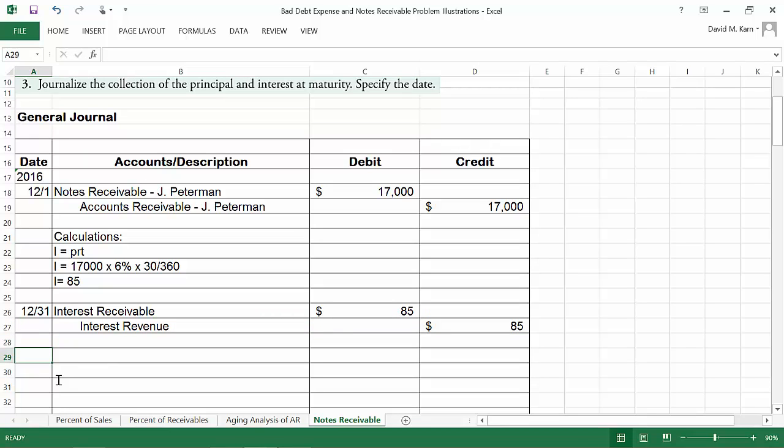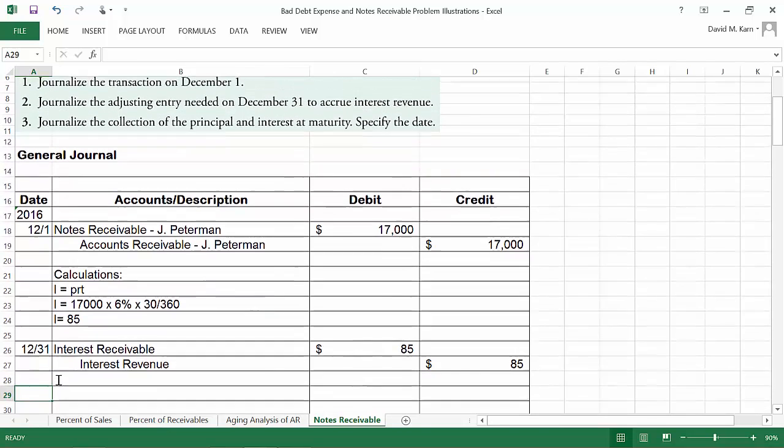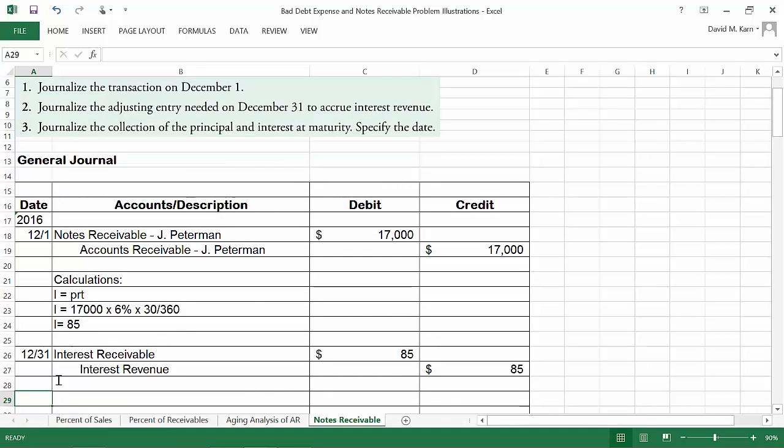Okay. So now we have to journalize the collection of principal and interest at maturity, and we have to specify the date. Just so you know, if you're asked to do this in my accounting lab and you happen to get it wrong, I'm not going to be too concerned about that.